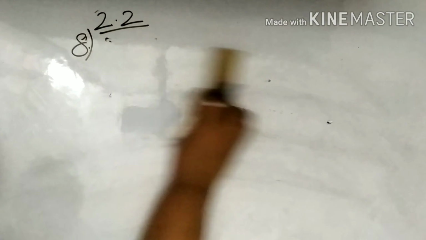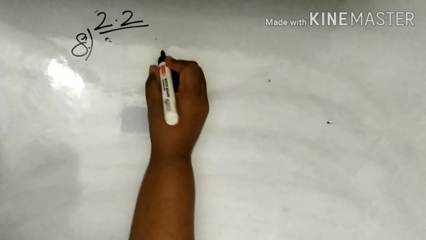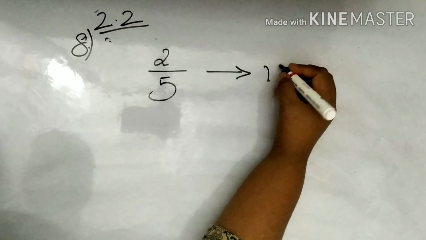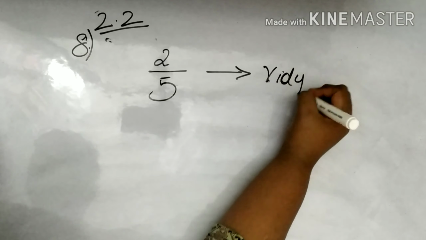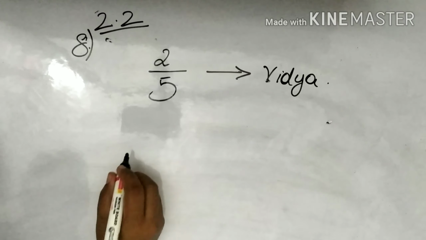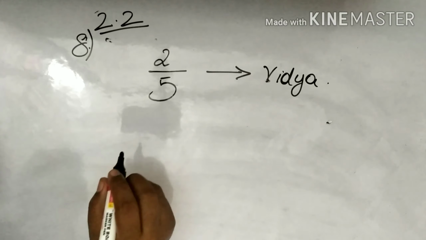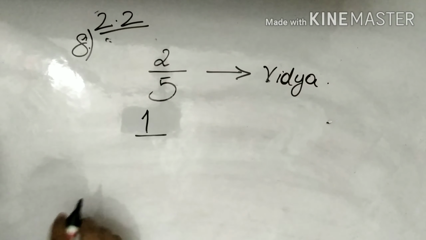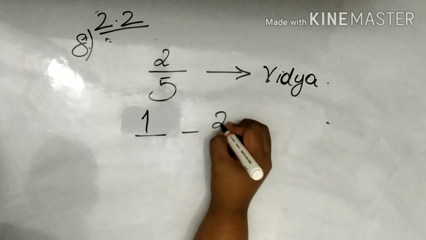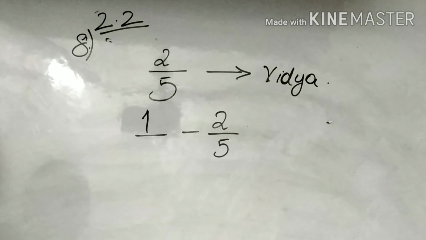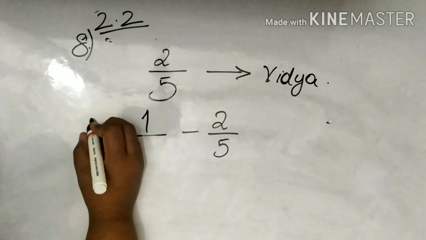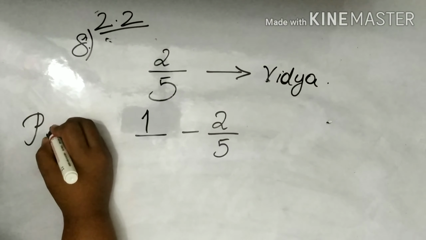To solve this, we'll consider 1 as the total fraction of water, and then subtract Vidya's share. So it will be 1 minus 2 by 5. This is how much Pratap had.